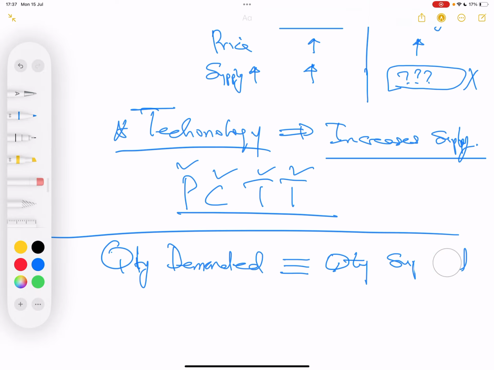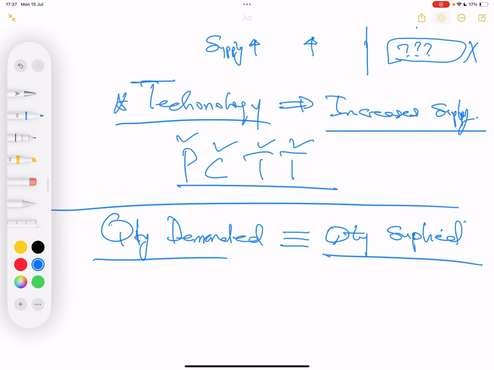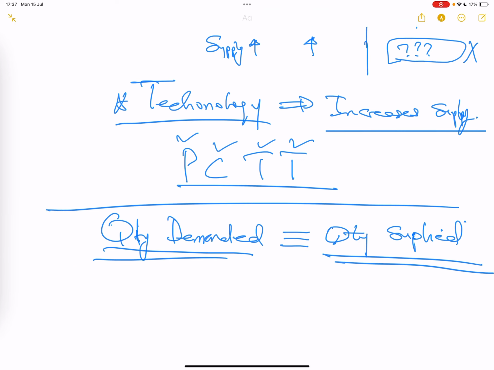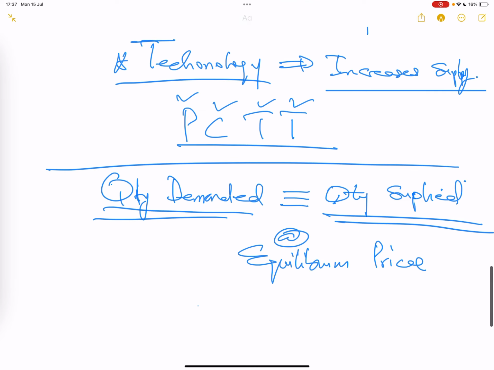And that point is called your equilibrium price. So quantity demanded is equal to quantity supplied. Any price at which this happens is called the equilibrium price, because there is equilibrium. And what is equilibrium? Equilibrium is a point where there is a balance.